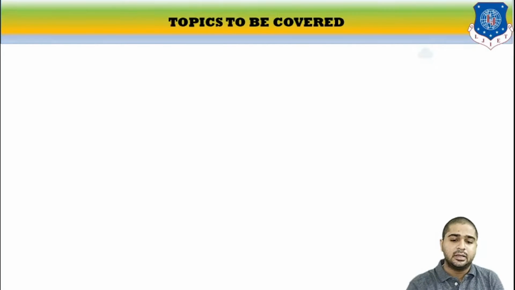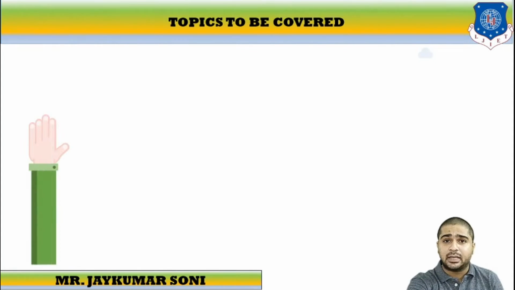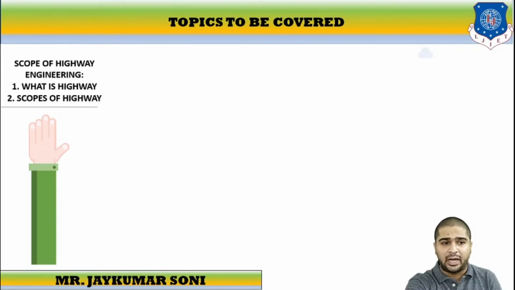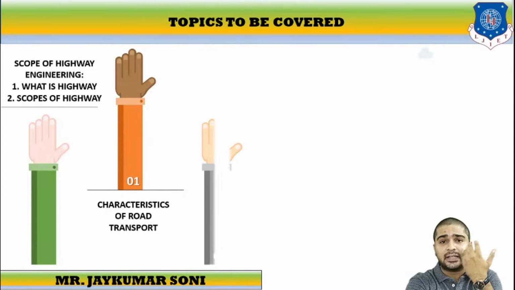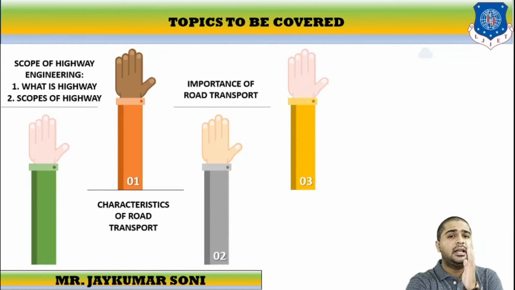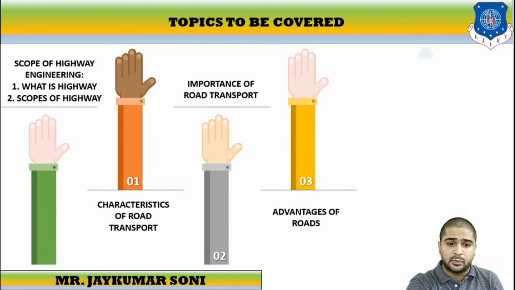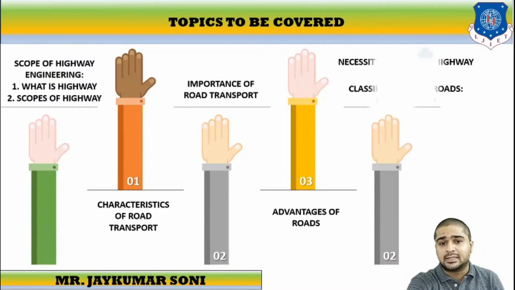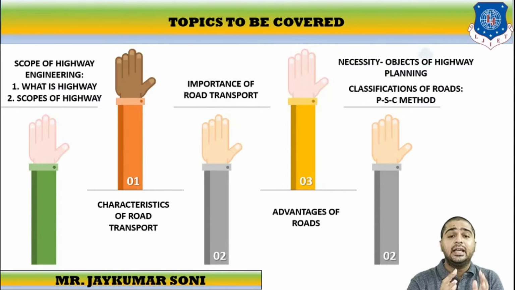In this session, we are going to cover the scope of highway engineering, what is highway engineering, what are the scopes of highway, what are the characteristics of road transport, what is the importance of road transport, and what are the advantages of road transport. And last but not the least, we are going to cover the necessity or the objects of highway planning and various classification of roads.